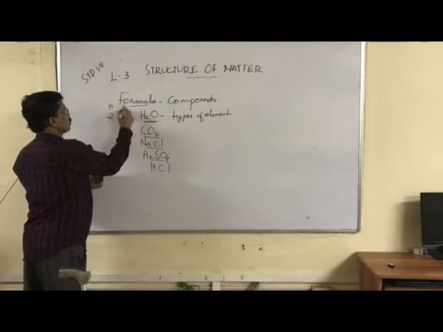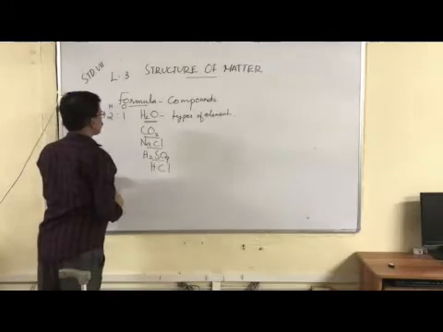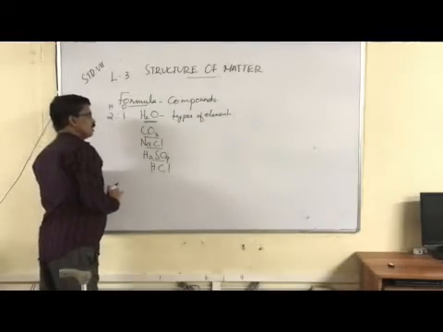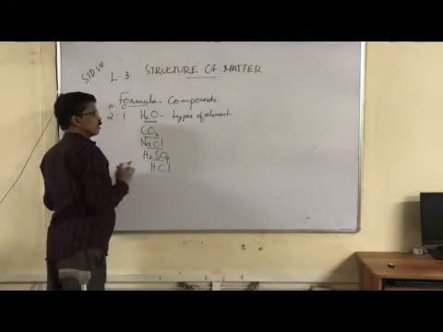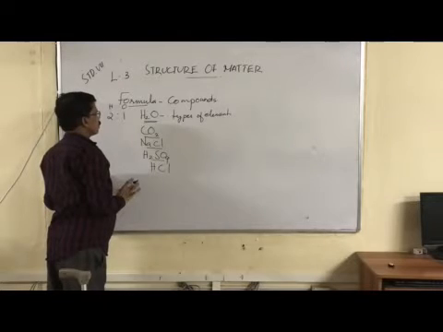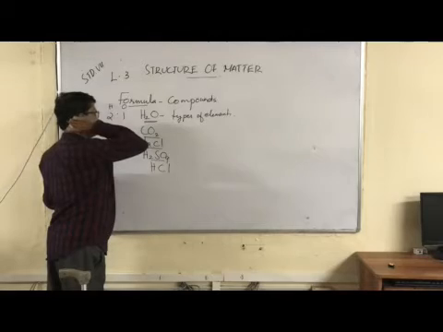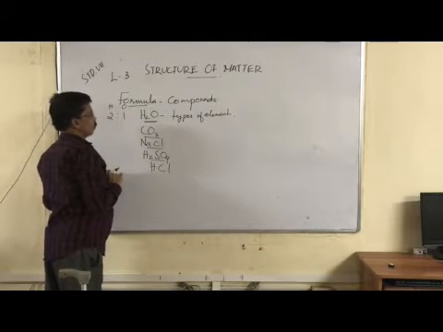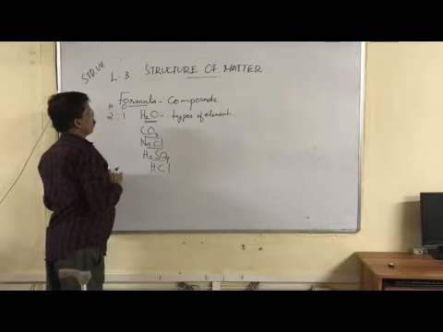Hydrogen 2 and oxygen 1. So the formula also gives us the ratio in which the elements are present. So we can understand how many elements there are and what the ratio of elements in a compound is.